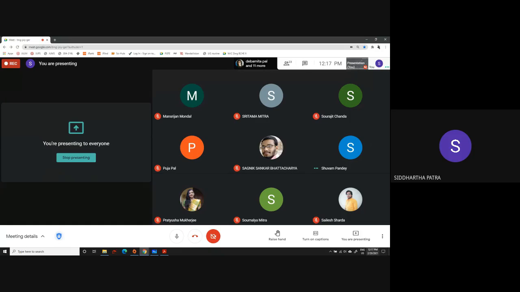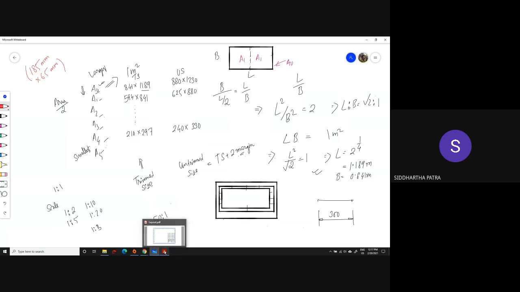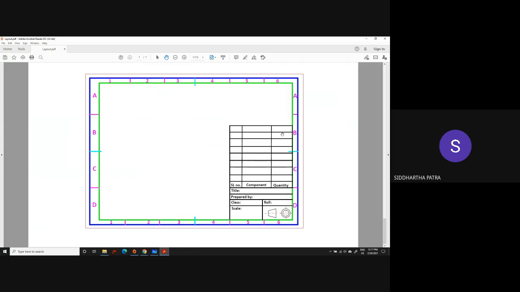The dimensions you can make similar to the title block itself. Okay. Yes, I didn't find any specific instruction for the size. Okay.